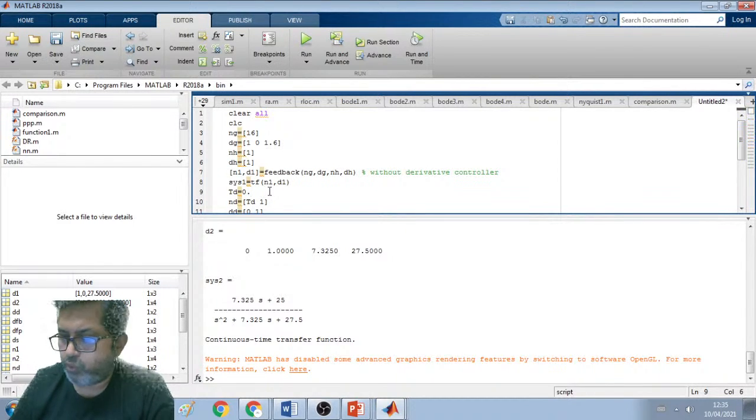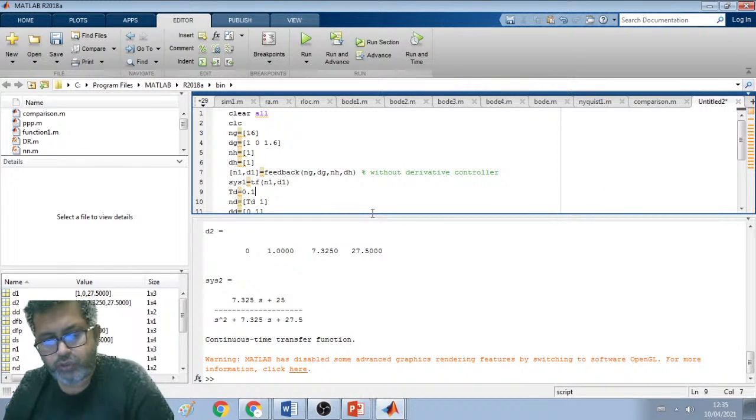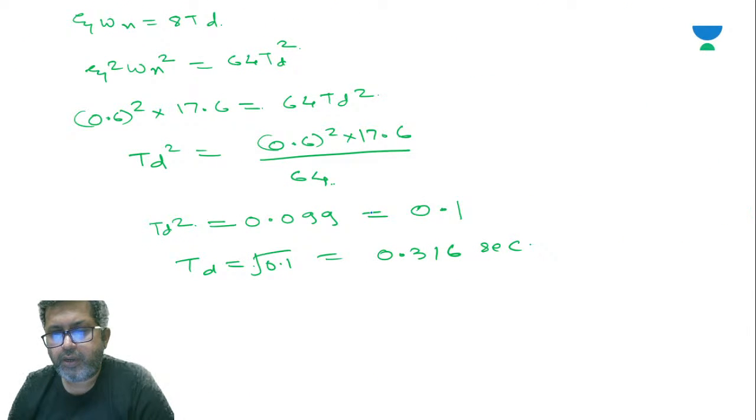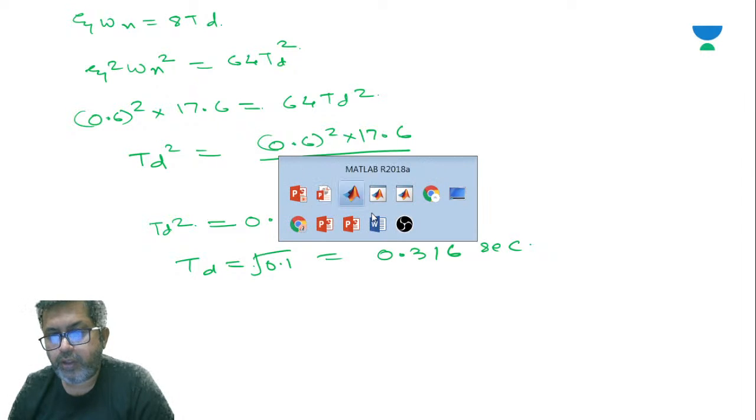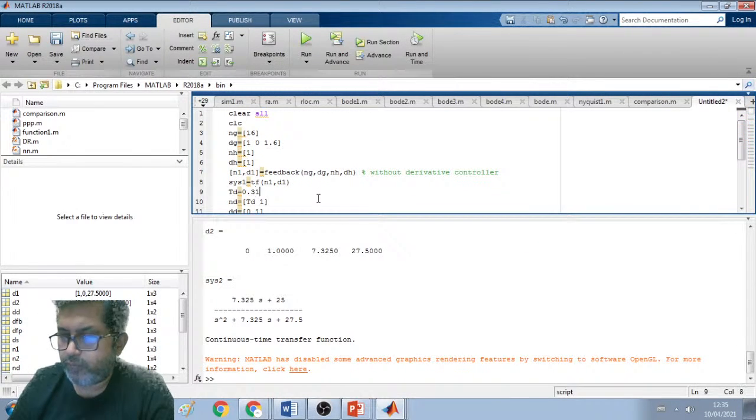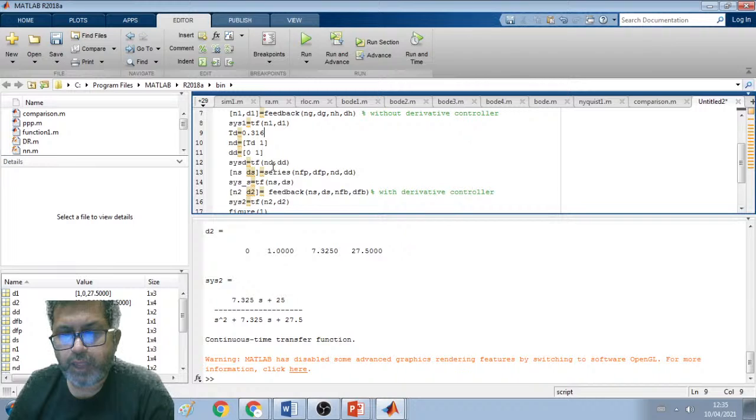TD was equal to 0.1, isn't it? Let us verify once again. TD was 0.316, sorry. ND and DD are the same. The system transfer function with derivative control is ND, no problem. This is NG, this is DG, ND, DD series controller. Then feedback.